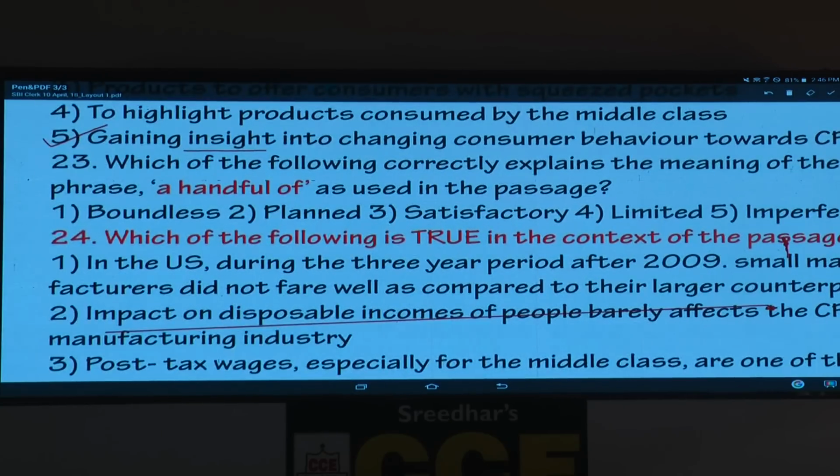See, all the questions related to words, easy to answer, and title, easy to answer. 4 questions are there related to words. You can easily get 4 marks. Title 1, 5. And this one also a phrase. Which of the following correctly explains the meaning of the phrase, a handful of? So what is the answer?